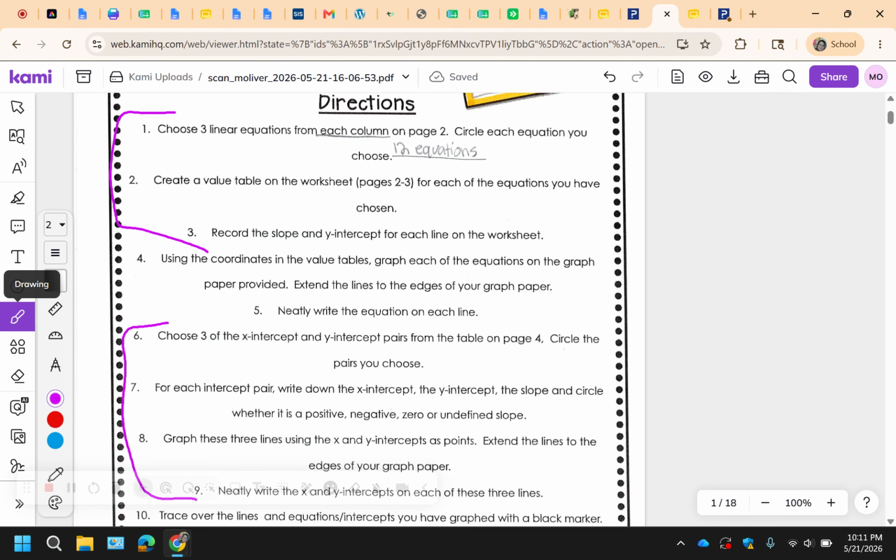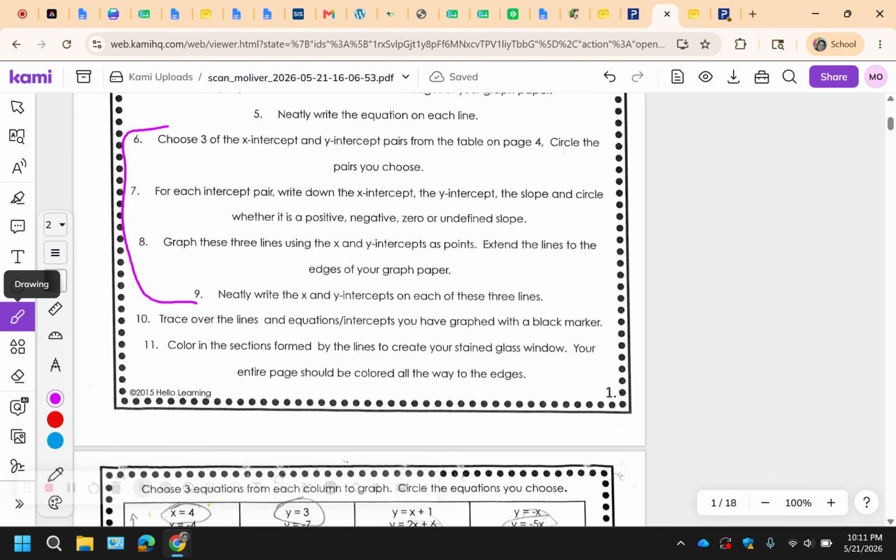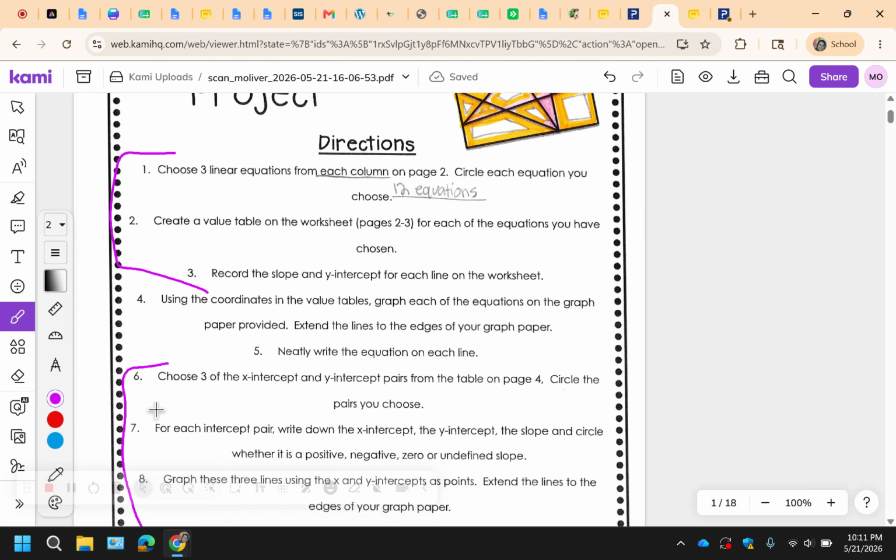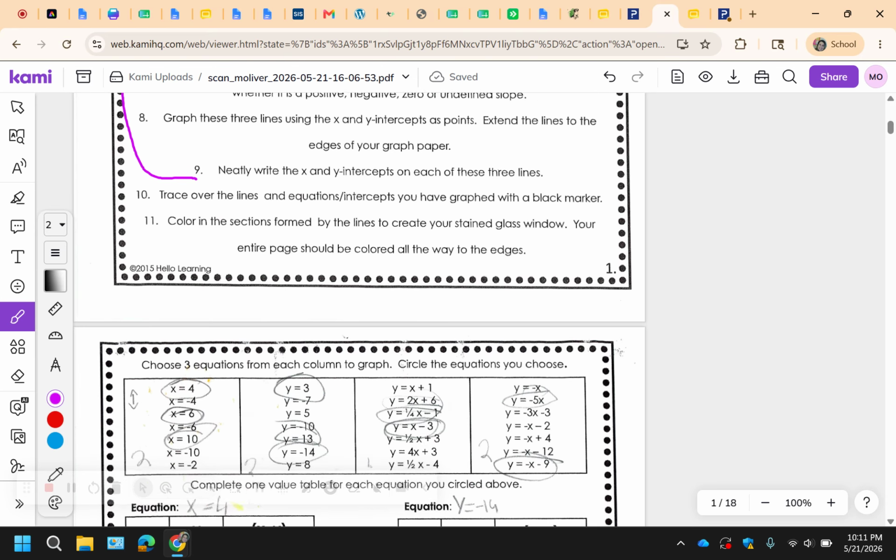Okay, so your job now is to do 4 and 5, finish up page 4, and then 10 and 11 is making it finalized. Okay, so when you graph, you also need to write the equation with the line. So if you do something wrong, I can tell which equation you did wrong. It's a lot easier that way.